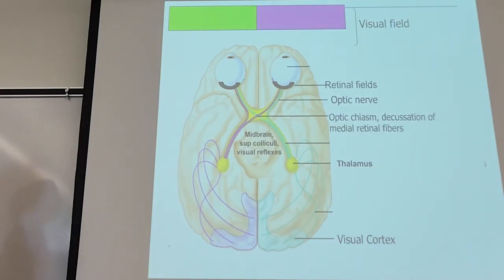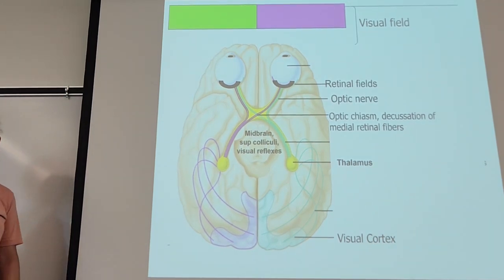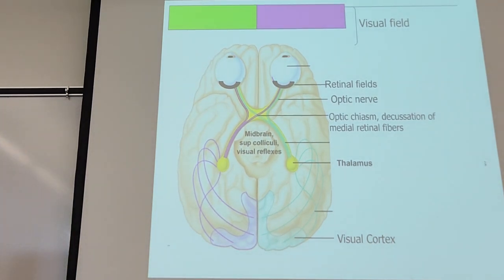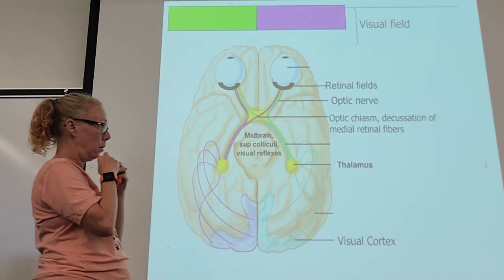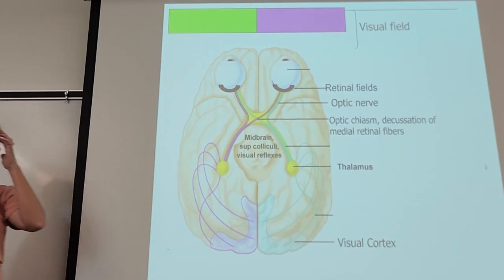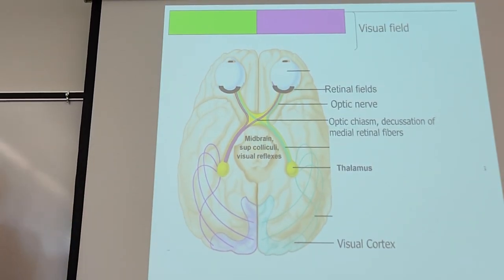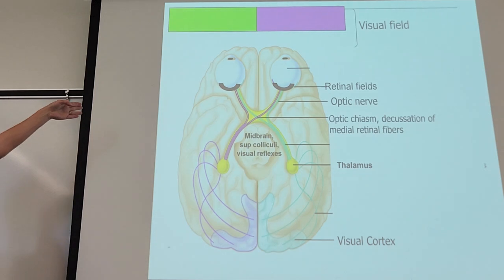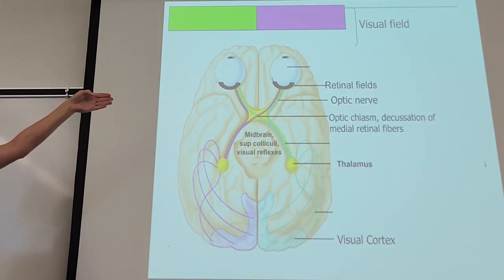Okay, so this is probably the most conceptual thing on the eye that we're learning in lecture, all right? So all I want you guys to appreciate from the next two slides is how we process visual information, okay? So we're looking at a superior view of the brain. Left eye is your left eye, right eye is your right eye.